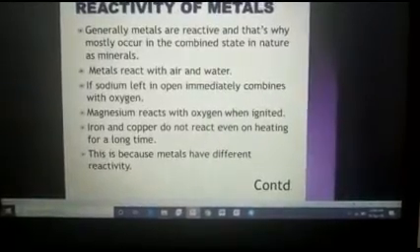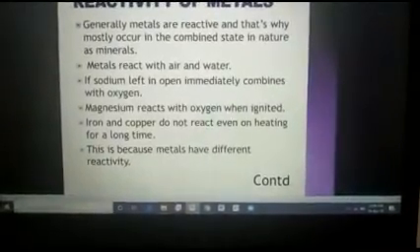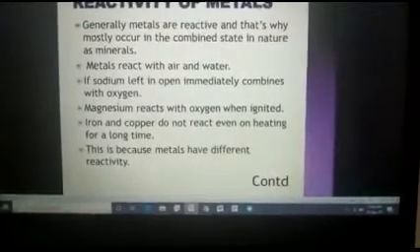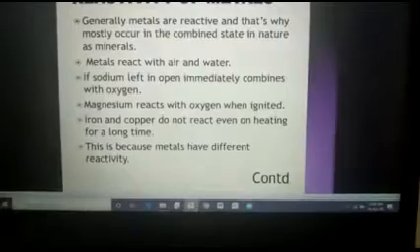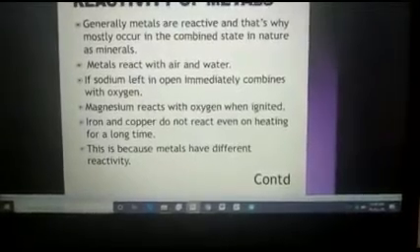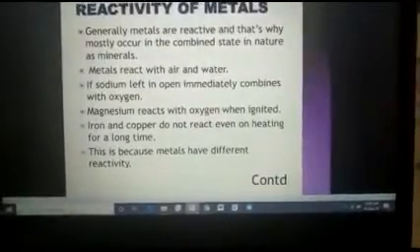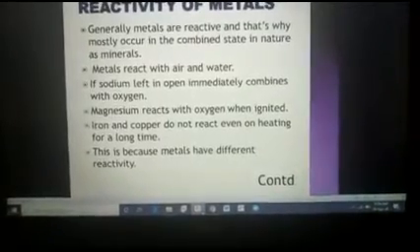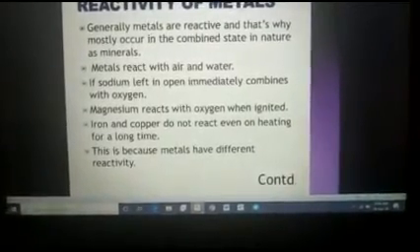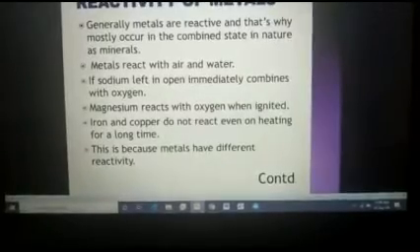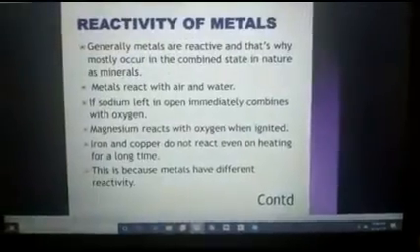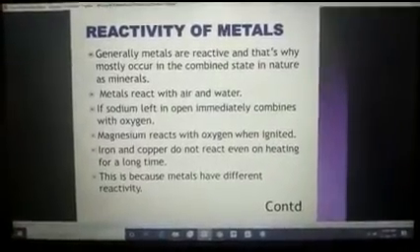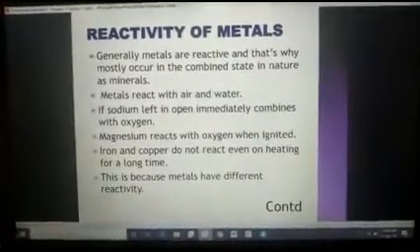That's why we always find sodium and potassium in compound form. If we got the single element, only sodium, then it would be difficult for us to maintain safety and control the reaction between sodium and air. Yes, it means these are highly reactive.